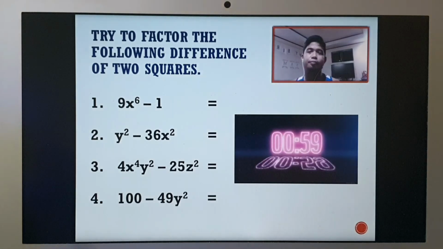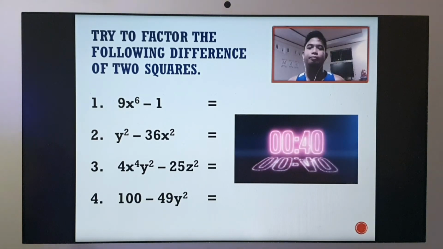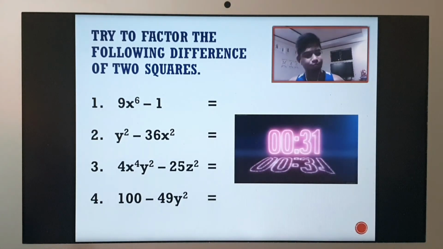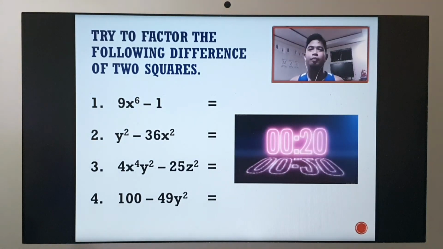T minus 1 minute. T minus 50 seconds. T minus 40 seconds. T minus 30 seconds. T minus 20 seconds.